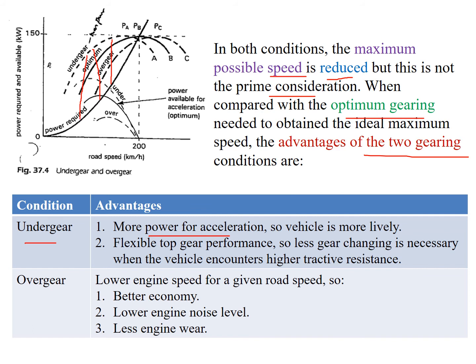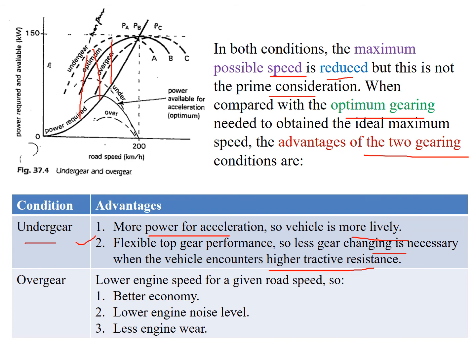So the vehicle is more lively, with flexible top gear performance, so less gear changing is necessary when the vehicle encounters high tractive resistance. Usually sport cars have this under gear design.